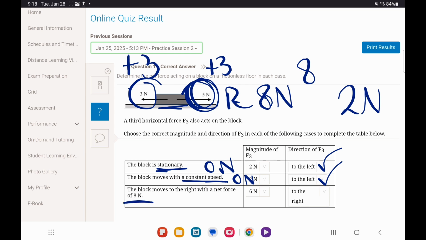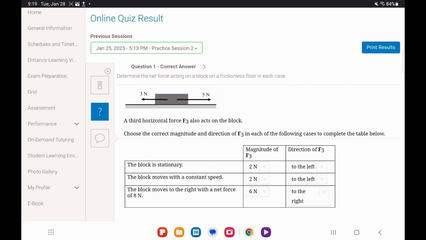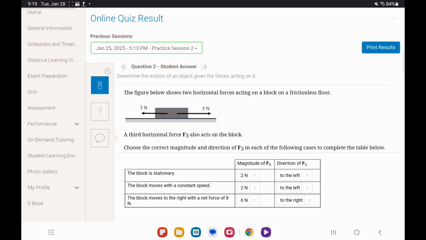So what plus 8? This is how you can solve it: 8 plus 3 is 11. So what do you add to 5 to get to 11? 6. And what side? Right. This is how you should be thinking of it. Some people just think uncommon-sensically and do plus 3 on both sides. That does not make sense, so you should think that way. Okay. Question number 2.